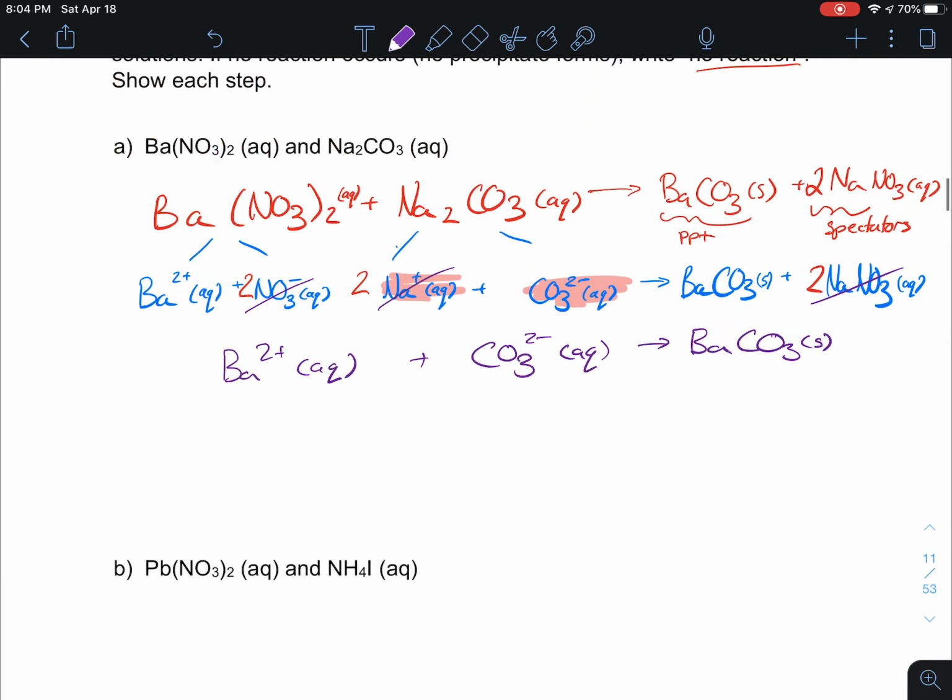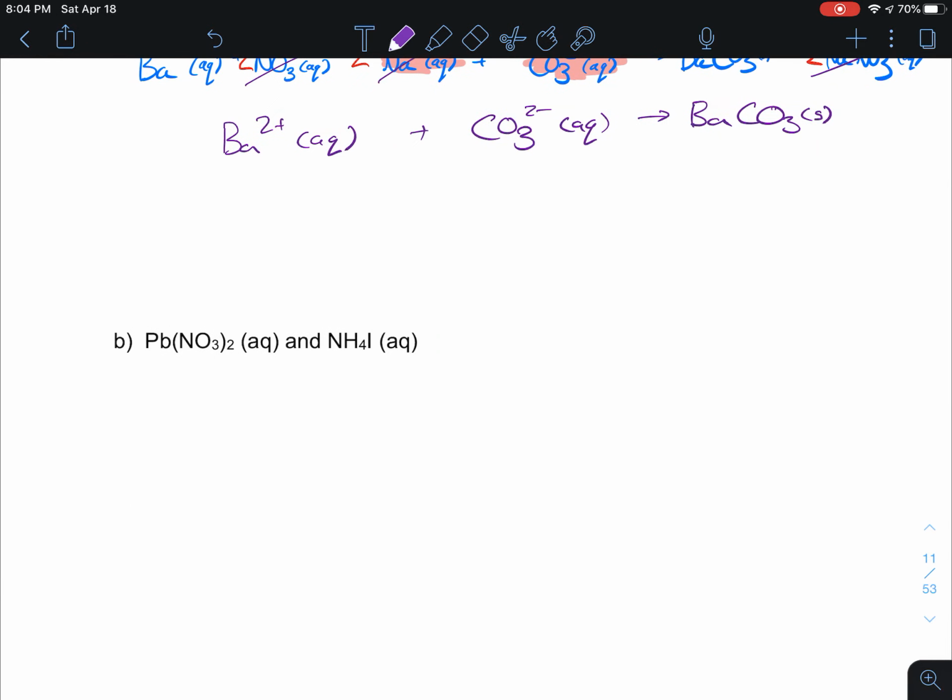All right, so let's try some lead nitrate and some ammonium iodide. So here we have the lead nitrate. We're going to add some ammonium iodide. These are all aqueous solutions to start.